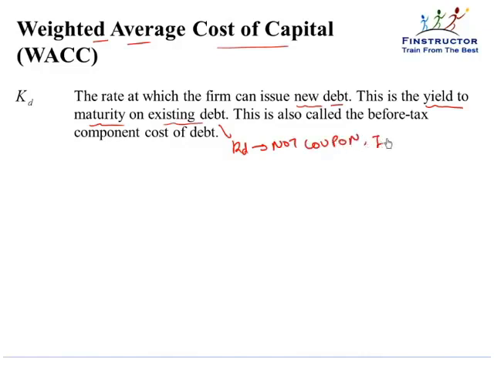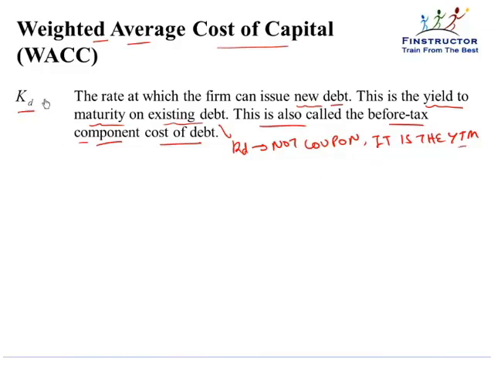It is the YTM of the debt or the yield to maturity. This is also called the before tax component cost of debt. So debt is one component of the total financing, and the yield to maturity, also referred to as KD in this review, will be the cost of debt.